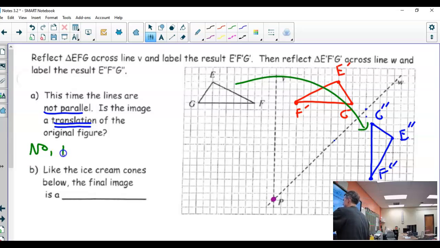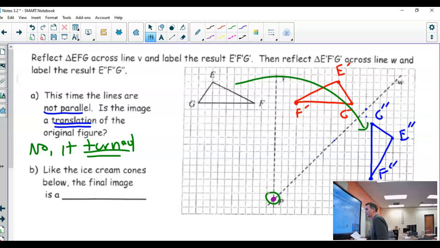No, it turned. It's going around this point right here, point P. Like the ice cream cones below, the final image is a rotation. And it is rotating around point P.